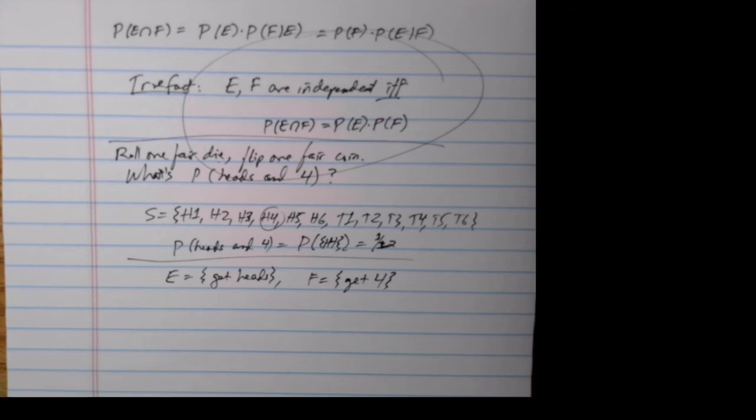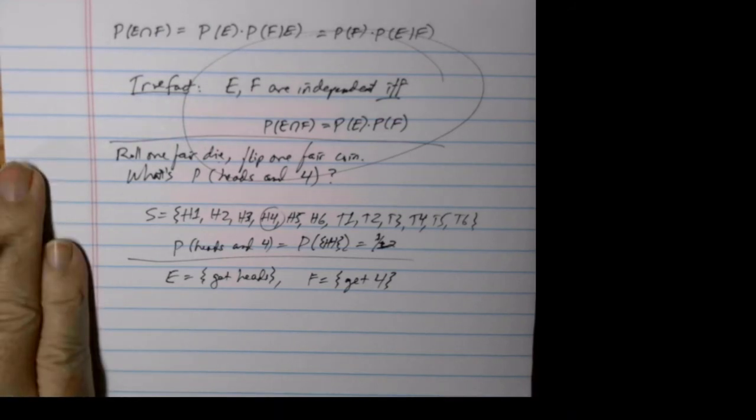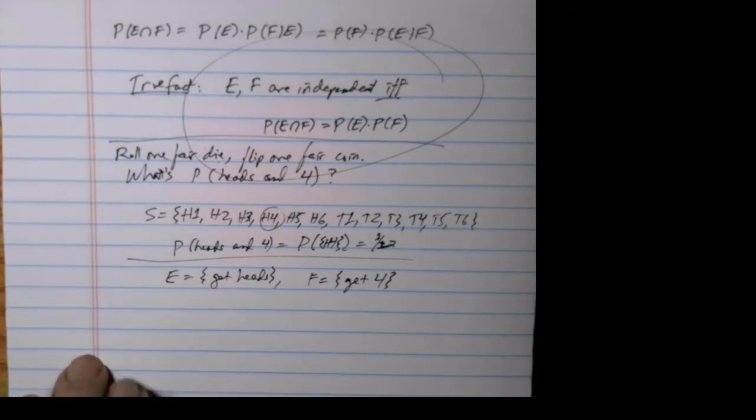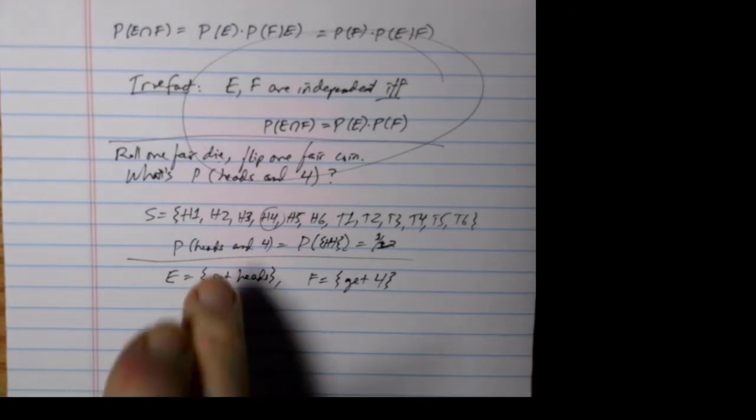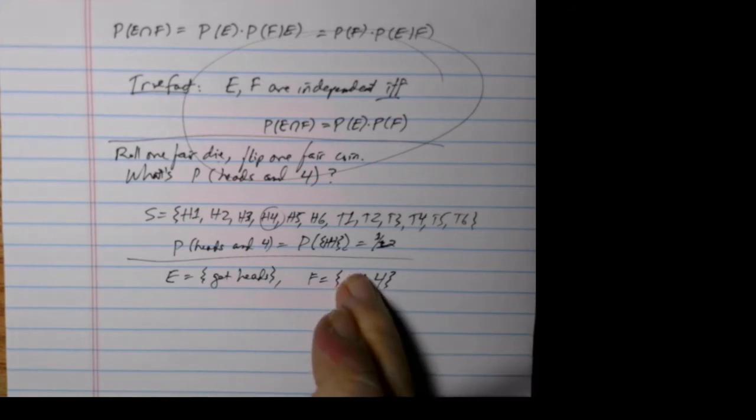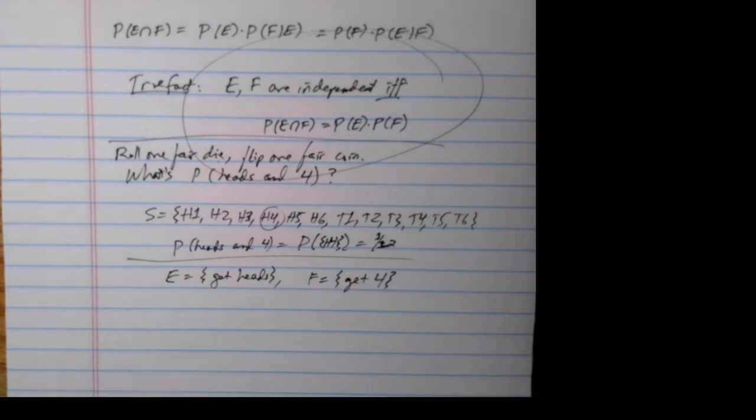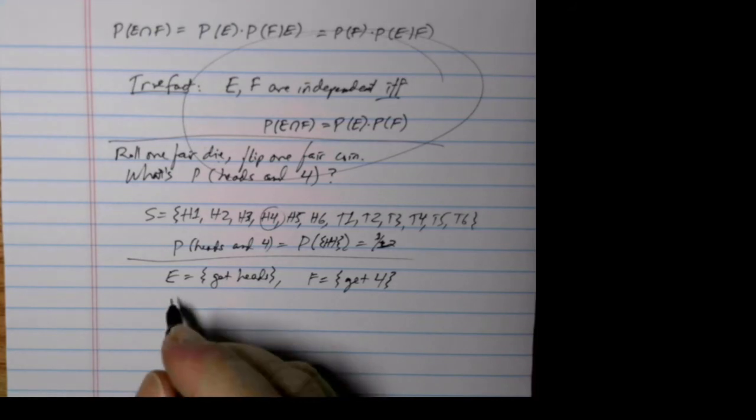And it's the other way around. If you covered up the die and saw heads on the coin, it wouldn't change the probability of getting a 4, or any other number for that matter, on the die. Those two things are independent. Knowing you got heads doesn't change the probability you got a 4, and knowing you got a 4 doesn't change the probability you get heads. So those are independent. Right?